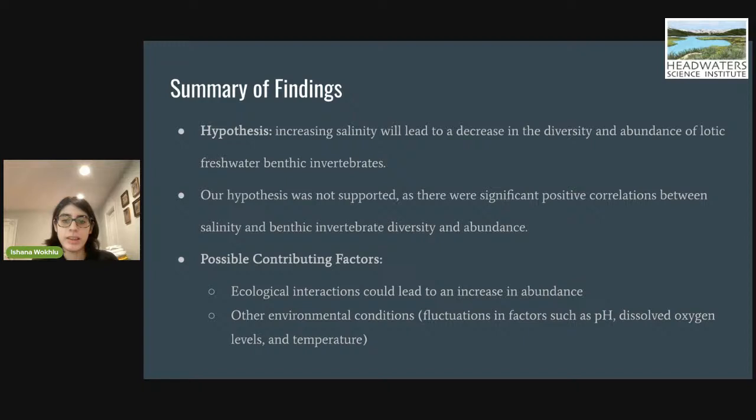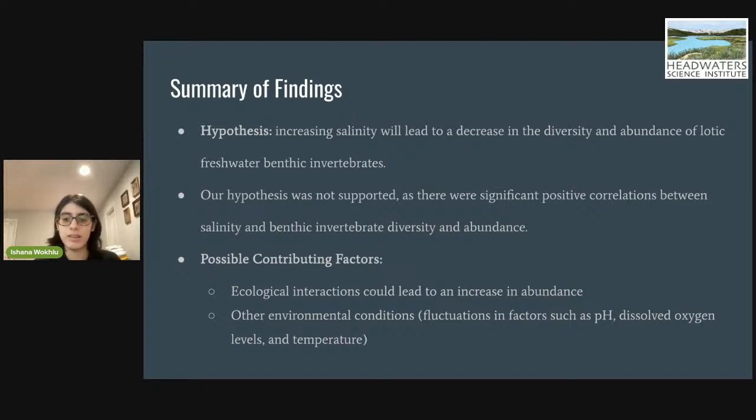To repeat our hypothesis, we believe that increasing salinity would lead to a decrease in the diversity and abundance of low-tick freshwater benthic invertebrates, and our hypothesis was not supported as there were significant positive correlations between salinity and benthic invertebrate diversity and abundance. This could be explained with ecological interactions.